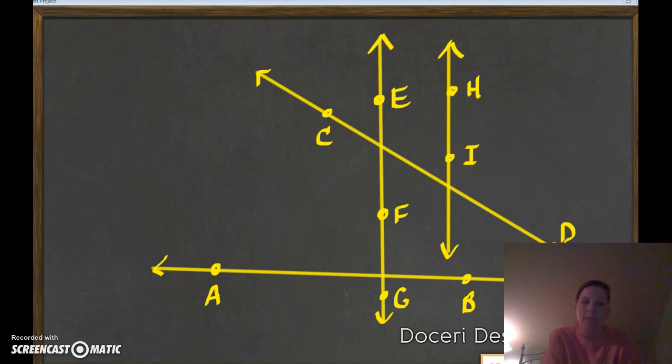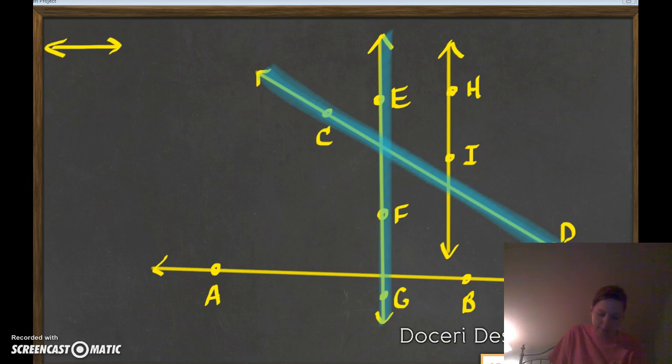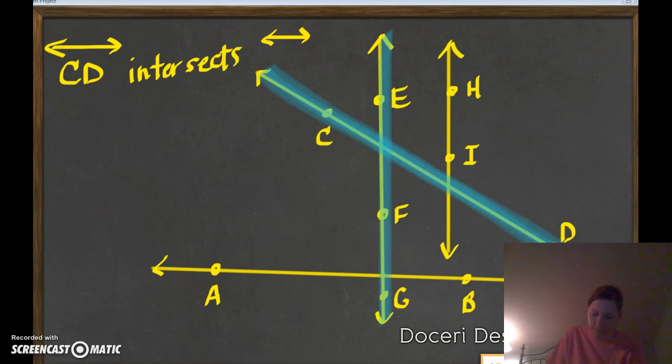So next we're going to look at intersecting lines. So we can see that line CD actually intersects 2 lines. It intersects line EF, so you could write that line CD, and there's no fancy way to put intersects, you just have to write it, intersects line EF.